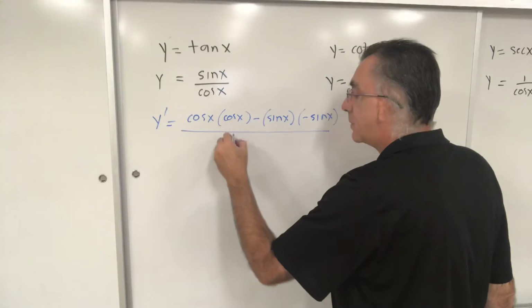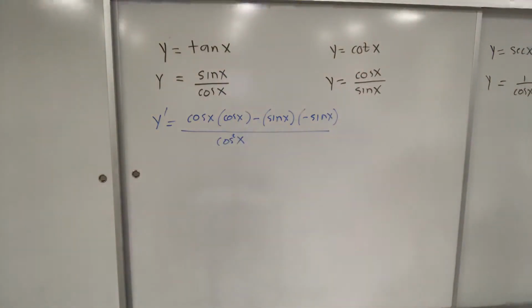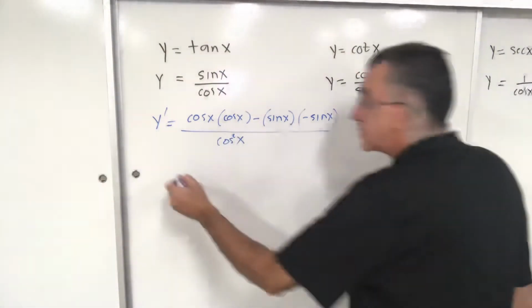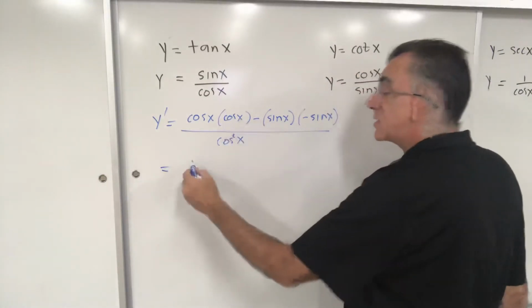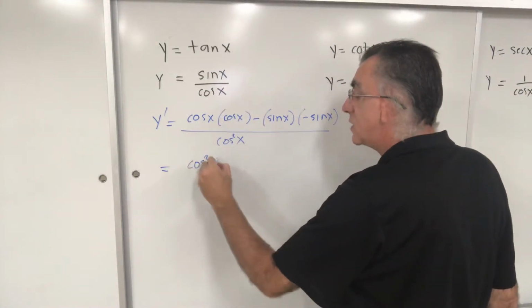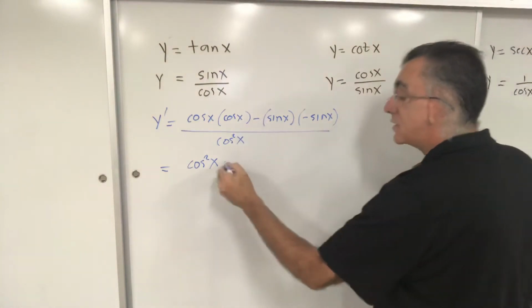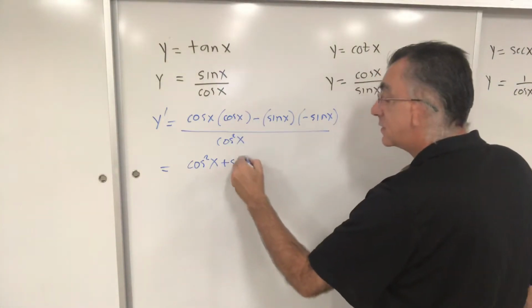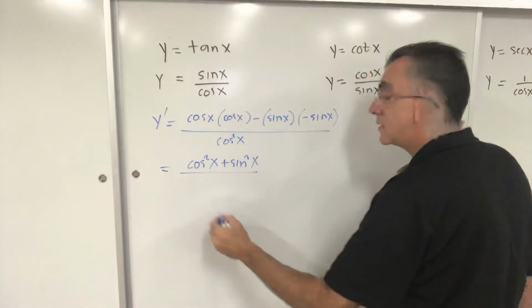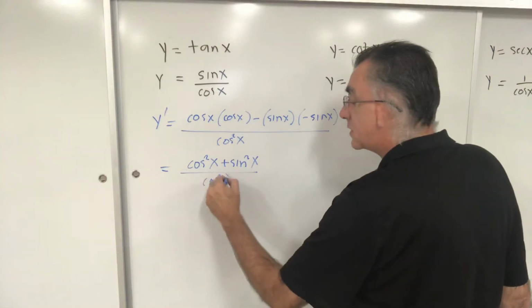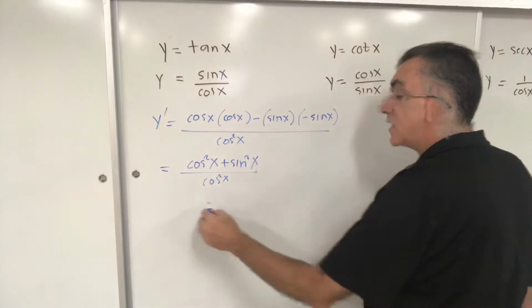I'm being dumb. So cosine times cosine is cosine squared. Sine times sine, a negative times a negative is a positive, sine squared. Cosine squared plus sine squared. Now you do have to remember that.